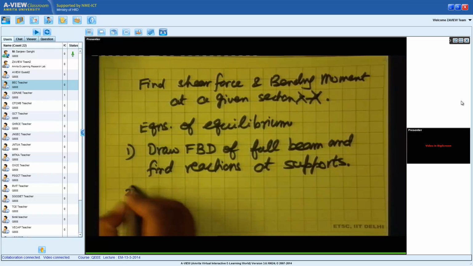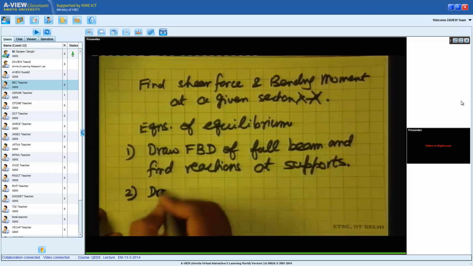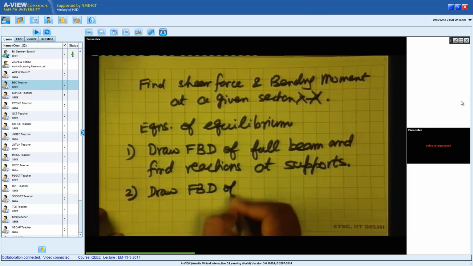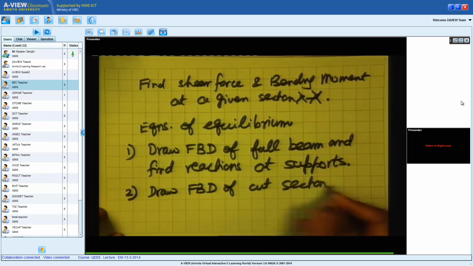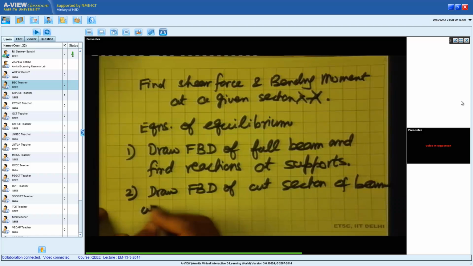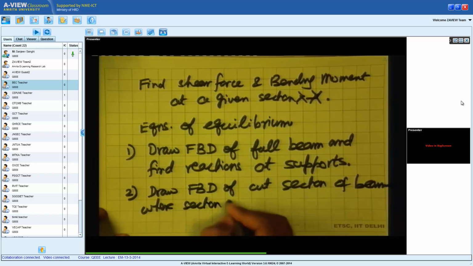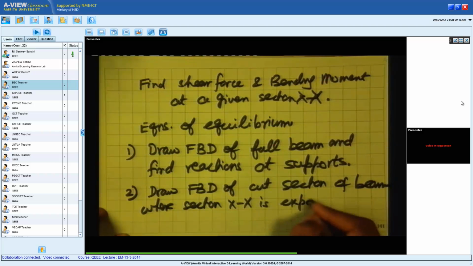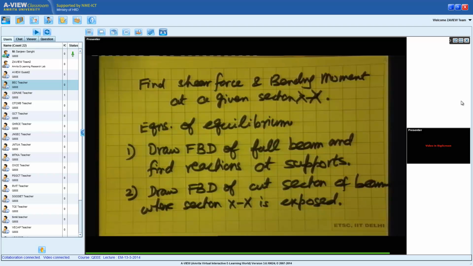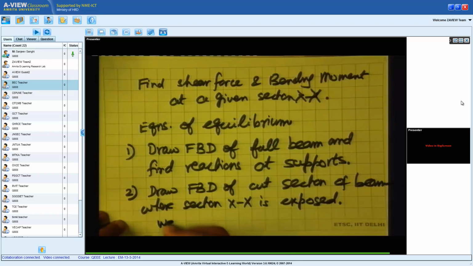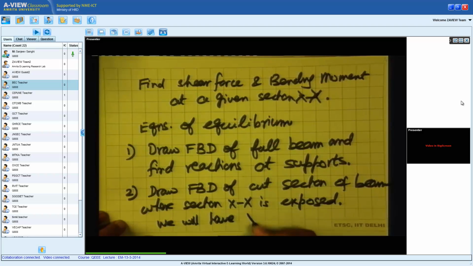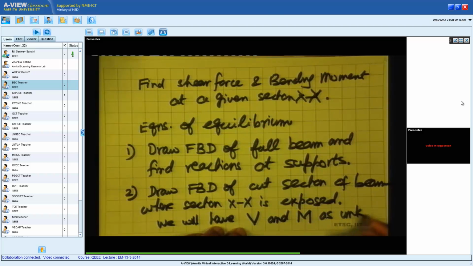But in general we'll first find the reaction at supports, and second part will be we draw the free body diagram of the cut section of the beam where section XX is exposed, and on this section XX, because it is exposed, we will have V and M as unknown forces and moments.